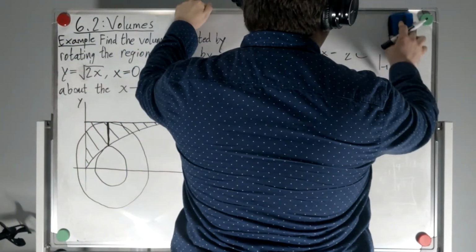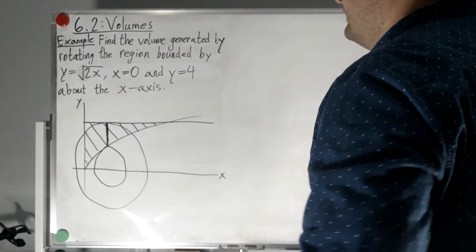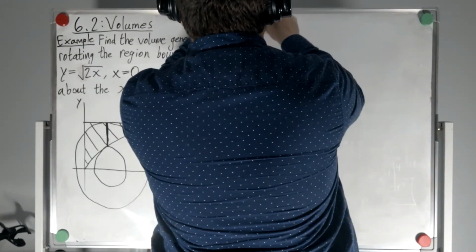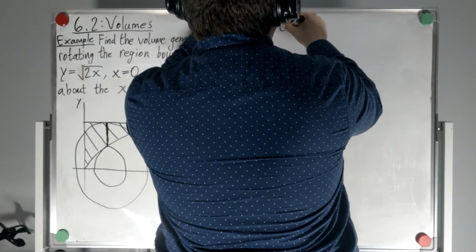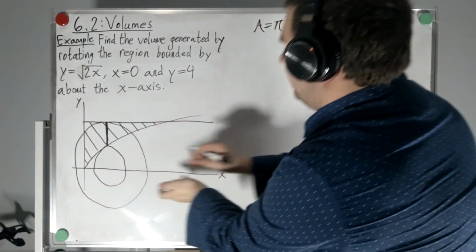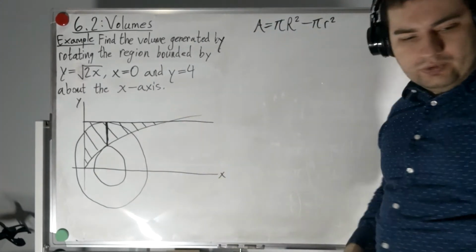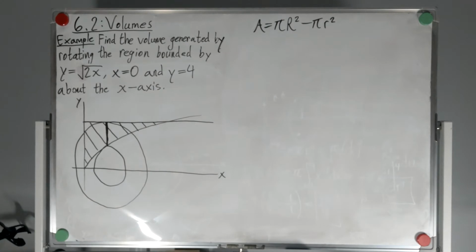So, what is the area of a washer? Well, it's actually not that hard to find. All you have to do is just take the area of the outer circle minus the area of the inner circle. So, pi times the outer radius squared minus pi times the inner radius squared.